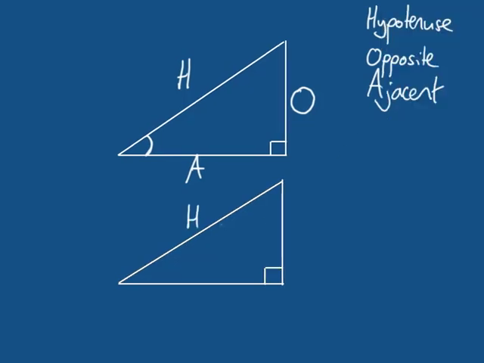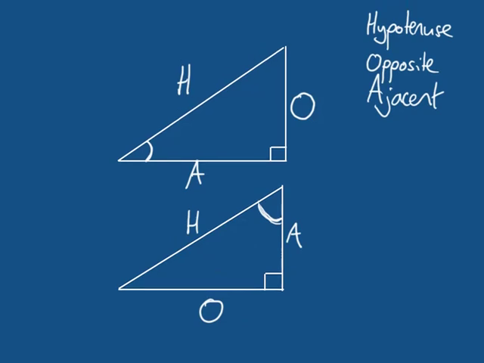The hypotenuse is always called the hypotenuse, but if I was talking about our other angle, notice this edge on the bottom is now opposite our angle, and this edge here at the side is touching our angle, and that means that's the adjacent edge. So when we're looking at the other angle, the naming convention of these two edges changes, so that's always relative to the angle in question.